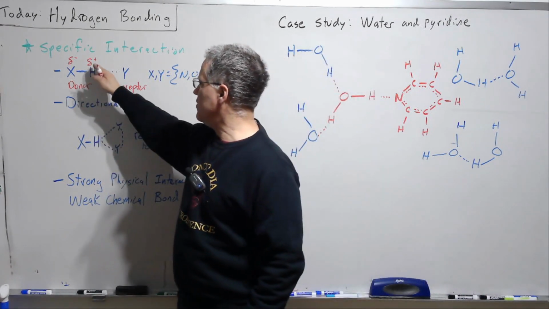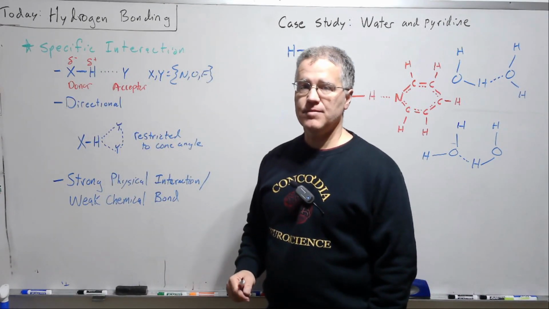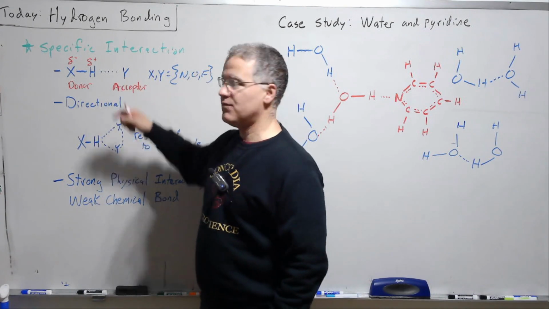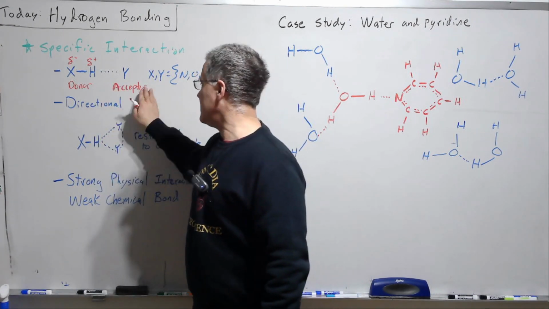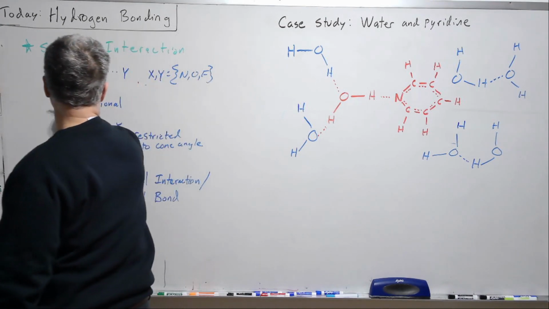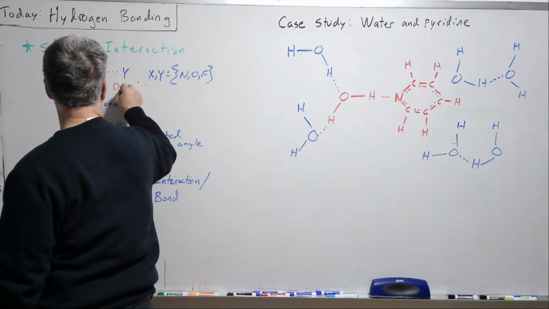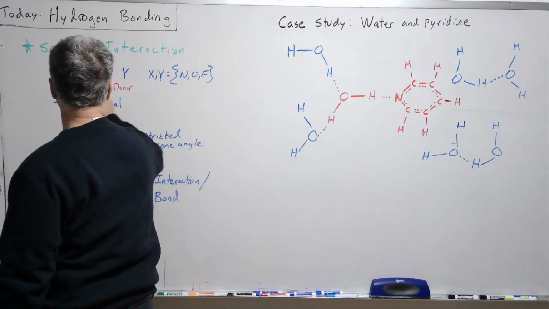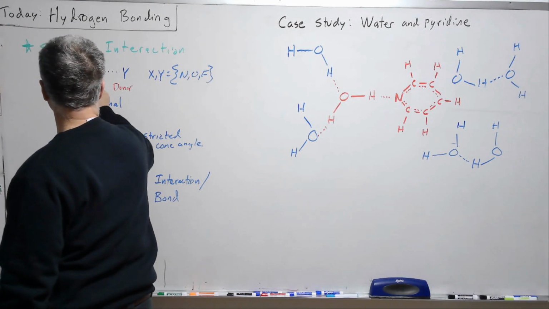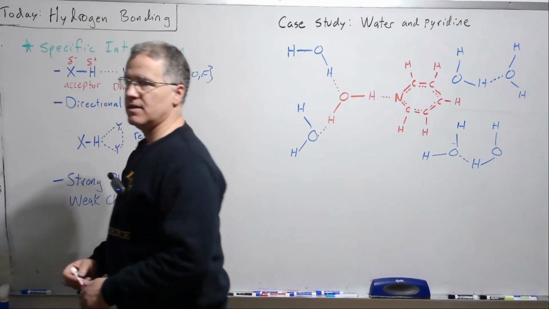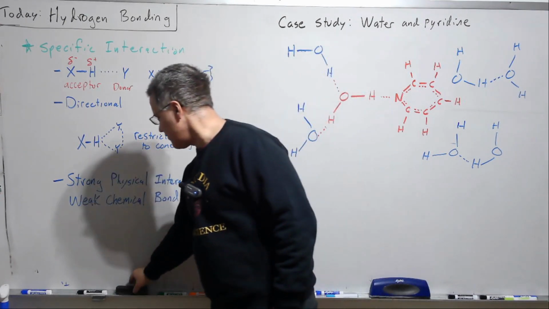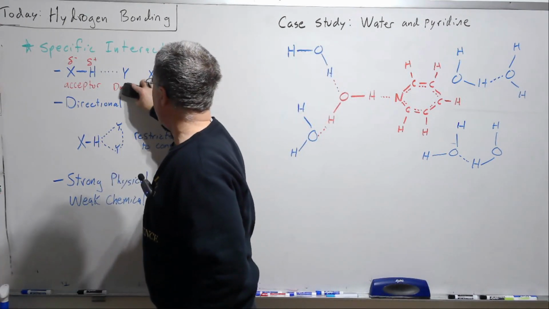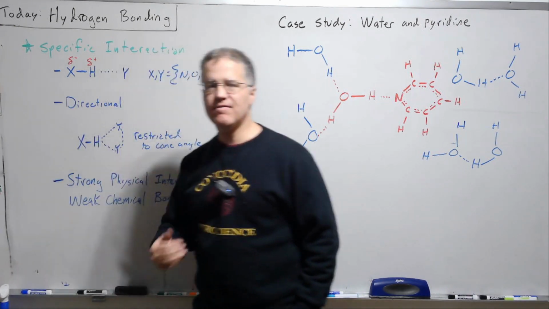So this is the one with the hydrogen. But if we're thinking about it from the point of view of which one's supplying the electrons to create this bond, then this would be the donor, and this would be the acceptor. Now, most often, I'm going to do the first way, refer to the donor as the one that is giving the hydrogen.